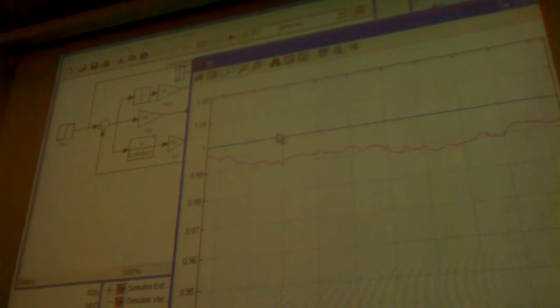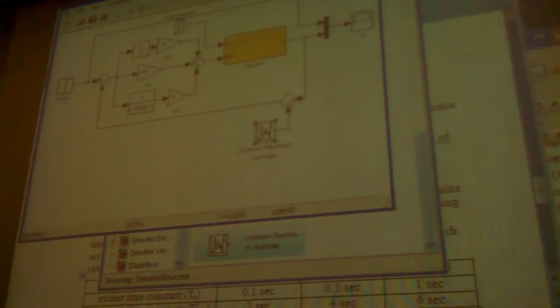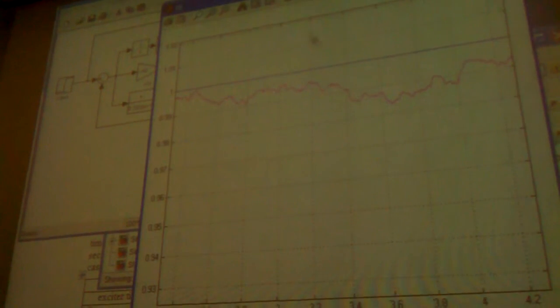Your response will wiggle a little bit because of noise. The effect of noise. Now you can add 10%, so 0.1. Your response is like this because of the noise. You can see the effect of noise here.